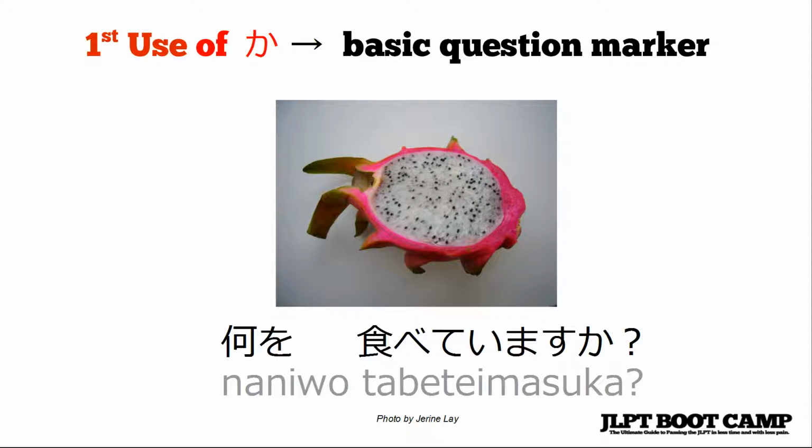There's another sentence ending particle, kai, that's used by older gentlemen, a lot older gentlemen. For example, the Harry Potter character Dumbledore uses kai a lot. He speaks very kind of oldish Japanese, and he uses kai at the end of his questions a lot.